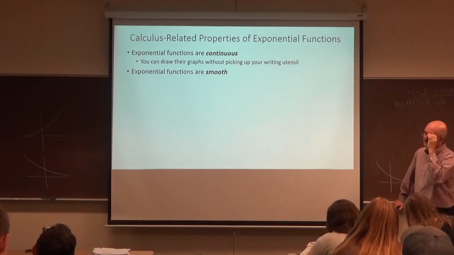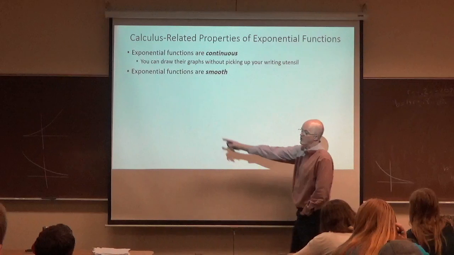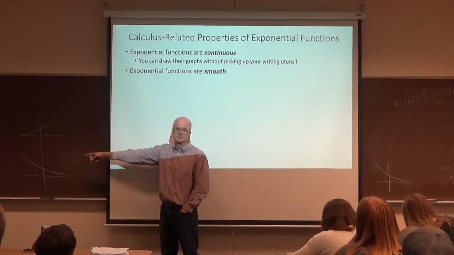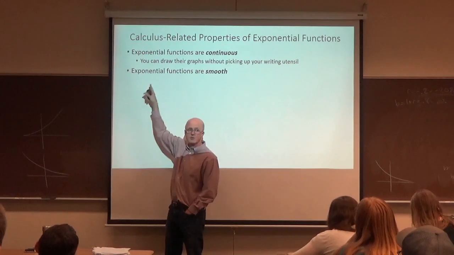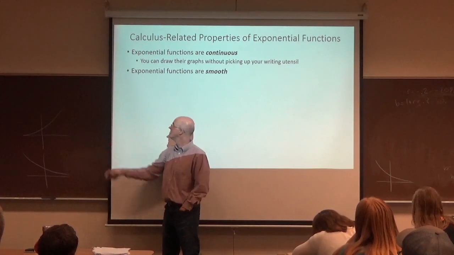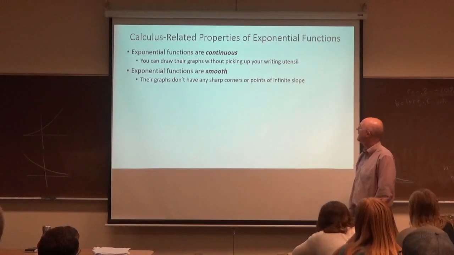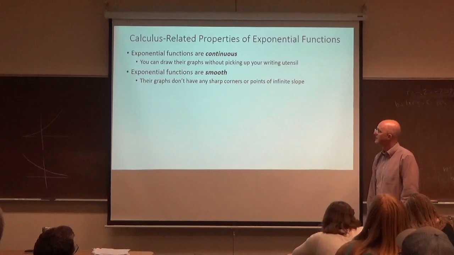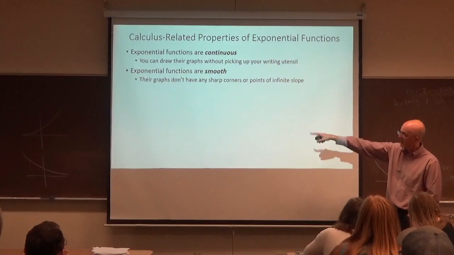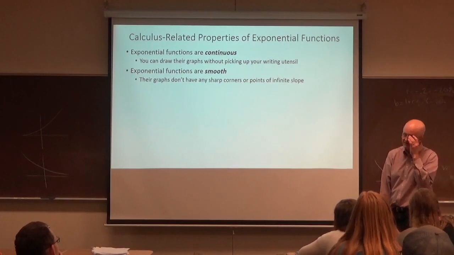They're smooth, just like linear functions. They've got no corners and no infinite slopes. Nice, smooth graphs, changing smoothly. The derivative will exist everywhere. The slope of that graph can be defined everywhere.